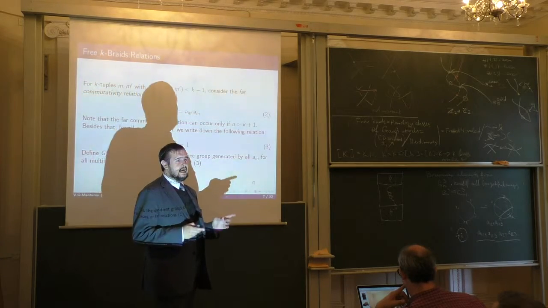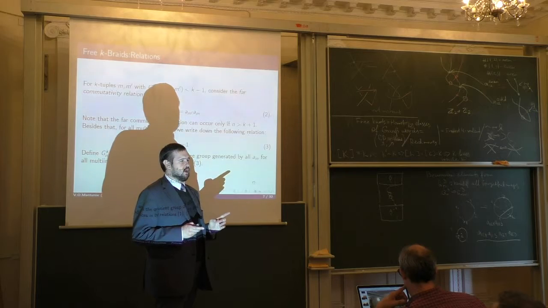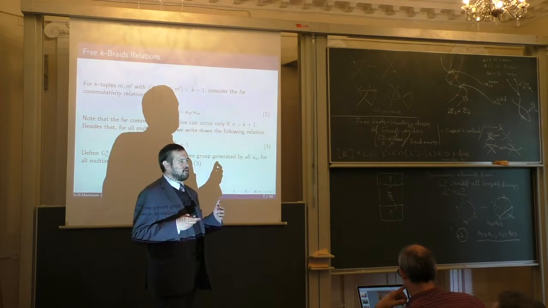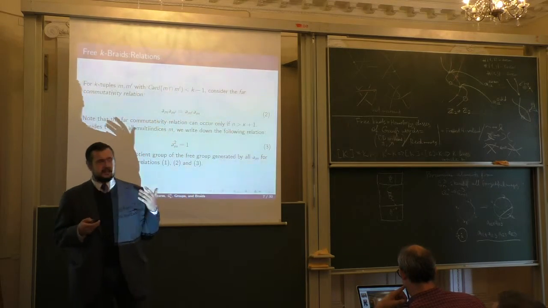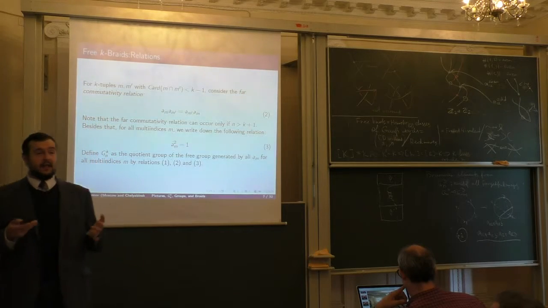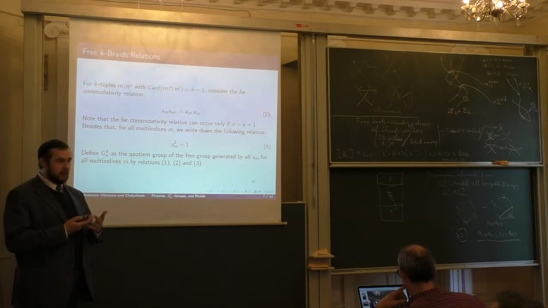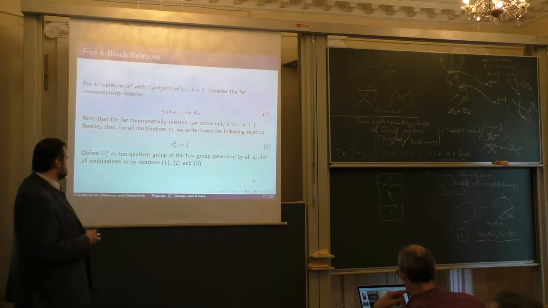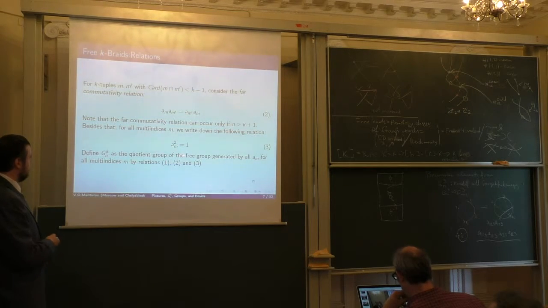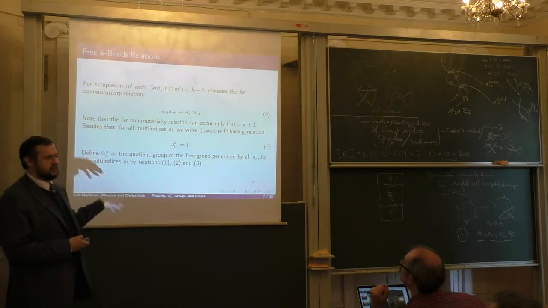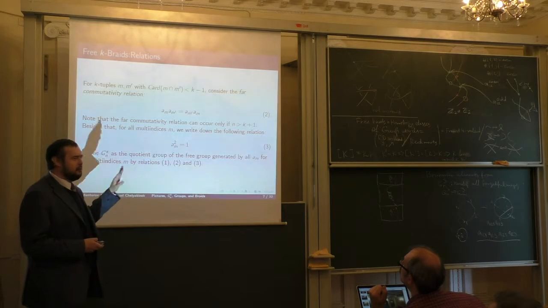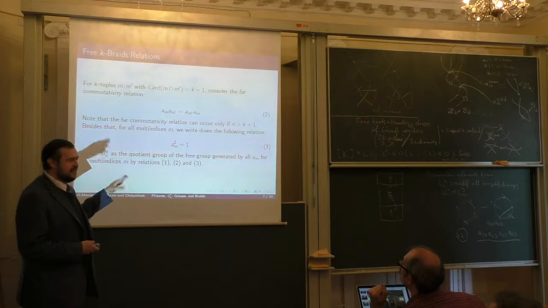Small means less than k minus 1. So, for example, if k equals 3, then I can have 3-point sets, and their intersection can be 1, but not 2. So this is my form of commutativity, and just to make life easier, I add this relation. Possibly I may do without, but I will add it.